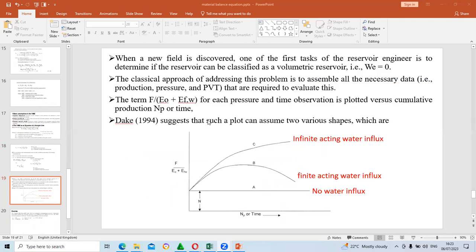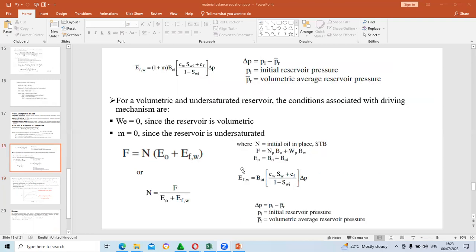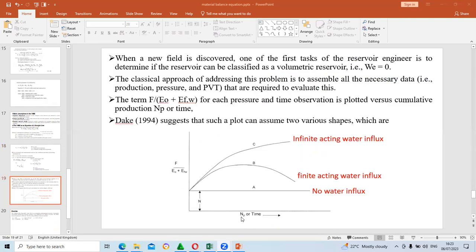So what I'm going to do now is to see how I can use that relationship to determine the energy drive of the reservoir. So what I will do is I will plot a graph of F over all of this on the y-axis against oil production. And then I will look at the trend in which it is appearing.